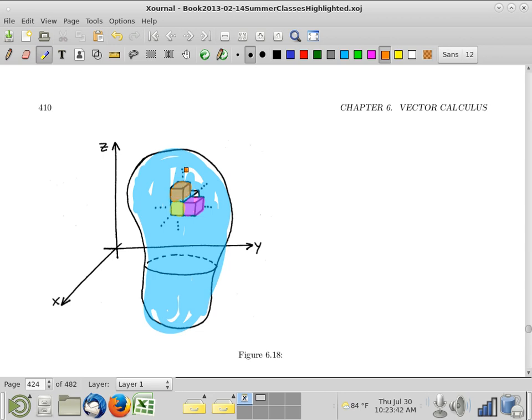Right? And I want to know, is it true that the boundaries of all of these little blocks, when I add them all up, keeping in mind that boundaries are oriented, is it true that the sum of the boundaries of all these little blocks is equal, in fact, to just the boundary of the original thing? In other words, do all those interior faces disappear?